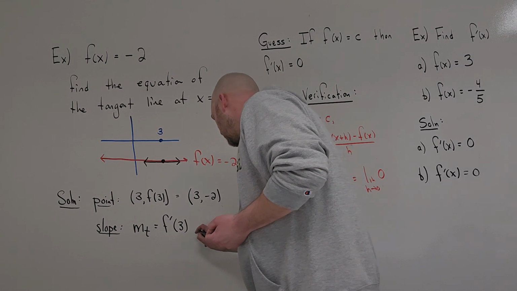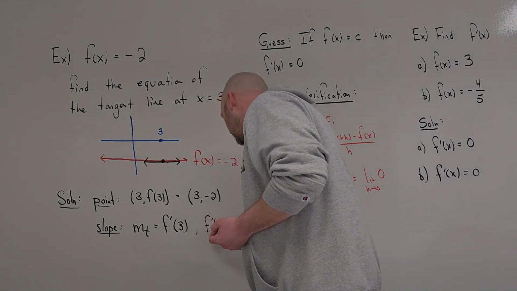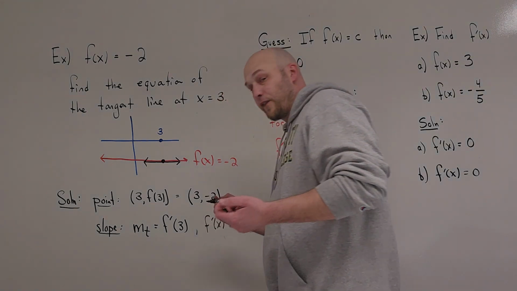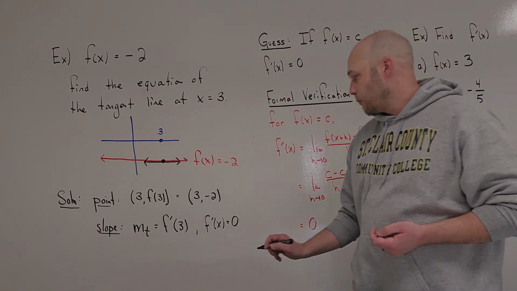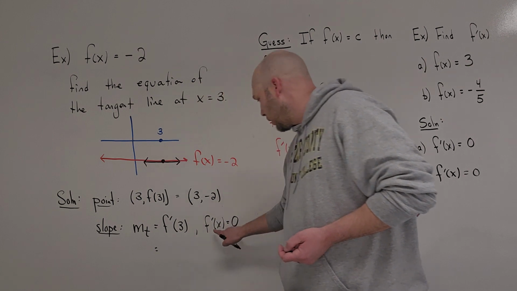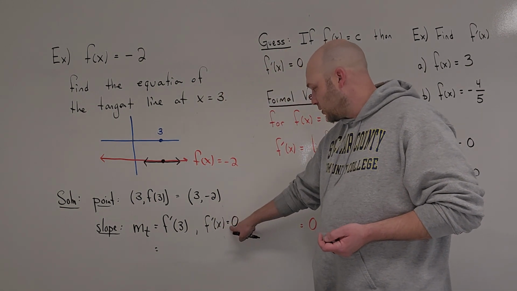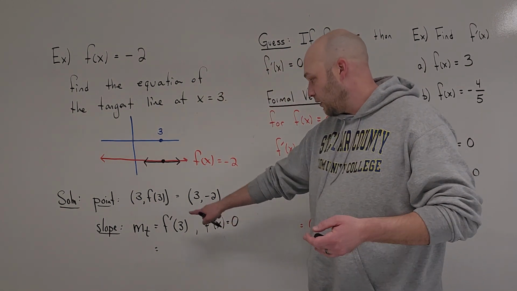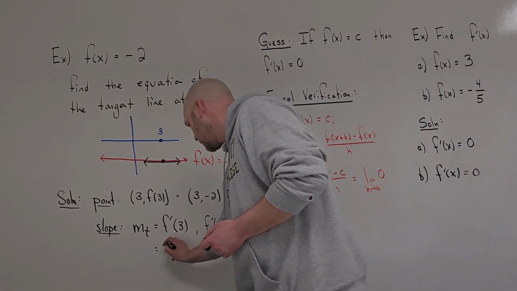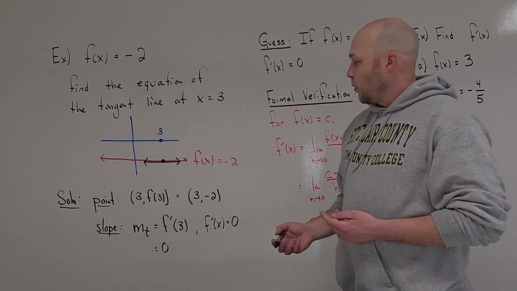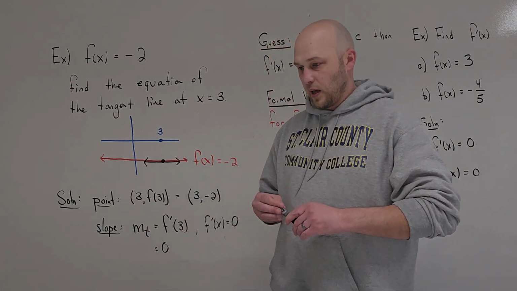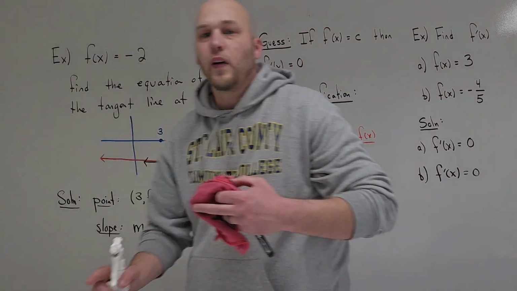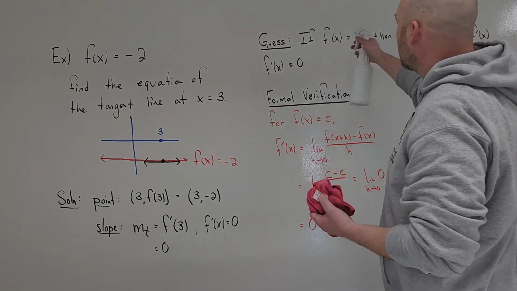Well, as we've been discussing, the derivative of f as a function is 0. And therefore, if f prime of x is 0 for every x, then in particular, f prime of 3 is also 0. What I now have is the point of tangency and the slope of the tangent line. Let's now put that together and find the equation of the tangent line.